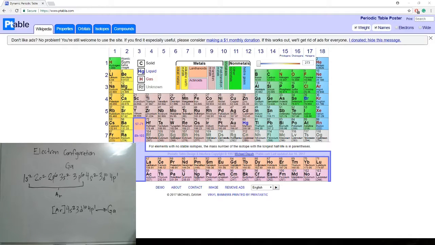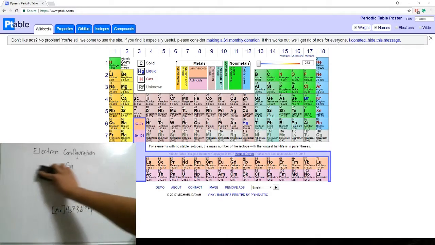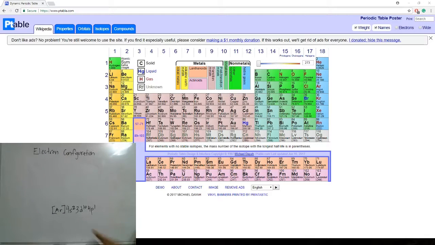So now imagine they did not tell us this was gallium, they only gave us this. That's all that they gave. And they're asking us, what is this atom based on how many electrons there are? So for argon, we'll assume it's a neutral atom.